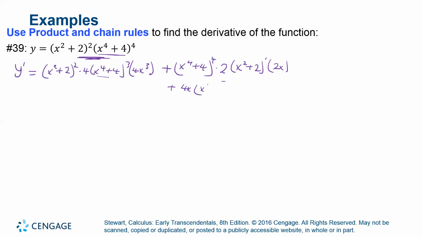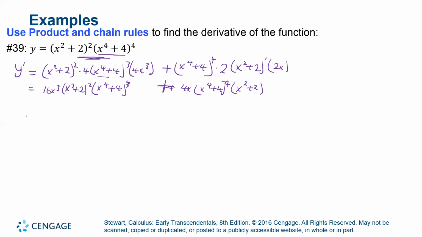Okay, and then we have (x to the 4 plus 4) all raised to 4, and then x squared plus 2 on this side. And over here too, you have what? Actually, 4 times 4x cubed was 16x cubed. And then we have (x squared plus 2) all squared, then times (x to the 4 plus 4) raised to what? 3. Okay, all plus, we add them together.